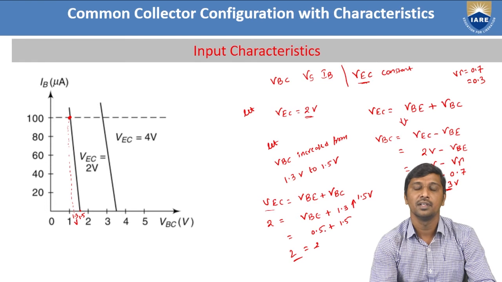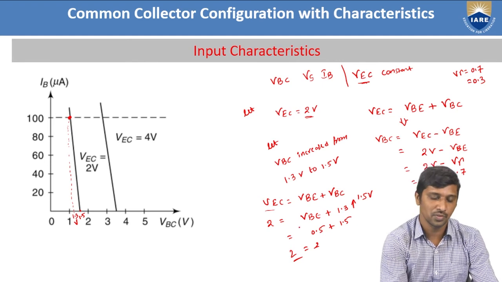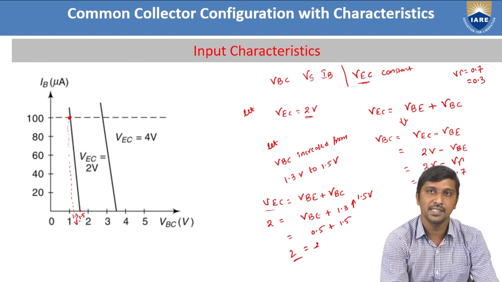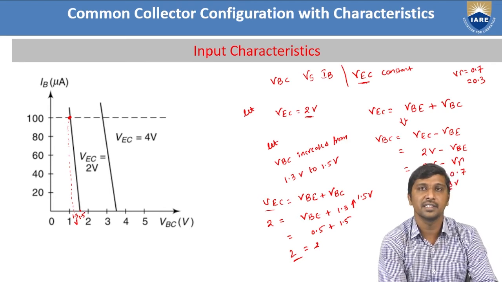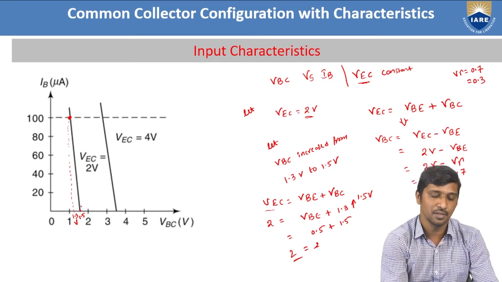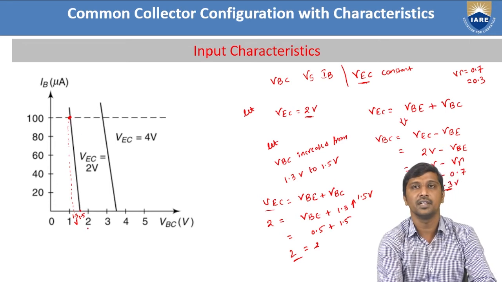If it is in the non-conducting state, it does not allow conduction. So that is the reason the current reduces to 0. So at this point, when VBC changes from 1.3 to 1.5 volts, the emitter base junction becomes non-conducting. Hence, across that junction the current reduces to zero. That is the reason this inclined slope will be observed.